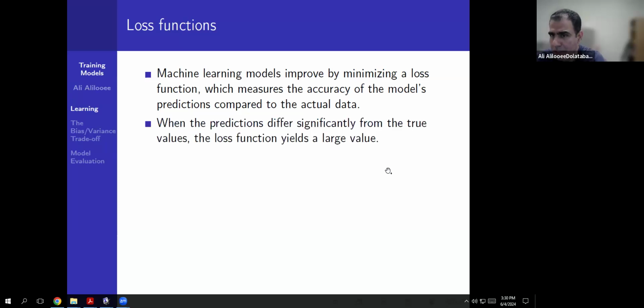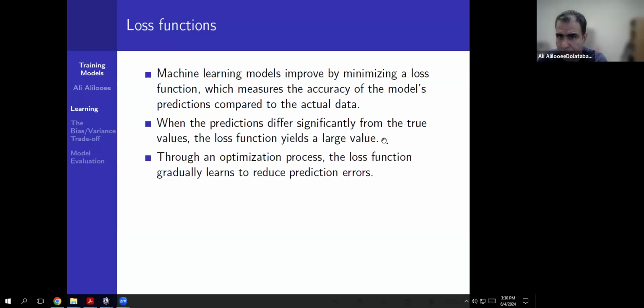When the predictions differ significantly from the true value, the loss function yields a large value. It means that if the values that you are estimating by your model are very different from the actual value, the loss function that you will get is a very large number. To run an optimization problem, the loss function gradually learns to reduce the prediction's error.